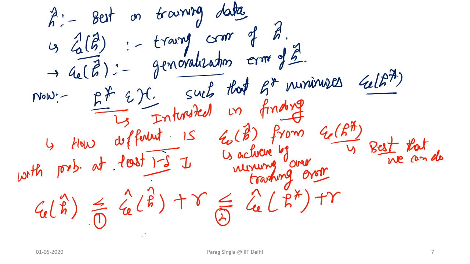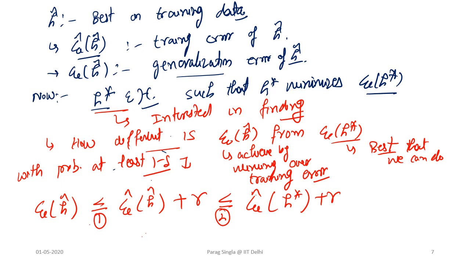In terms of generalization, that's a different story. But at least on the training data, because H hat is the best, epsilon hat of H hat plus gamma must be less than or equal to epsilon hat of H star plus gamma.